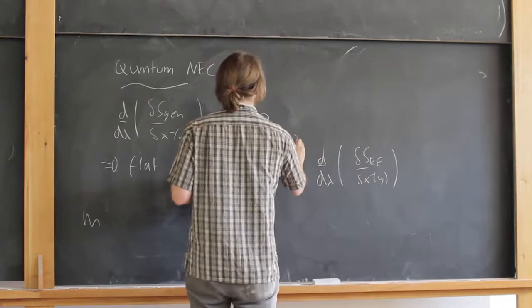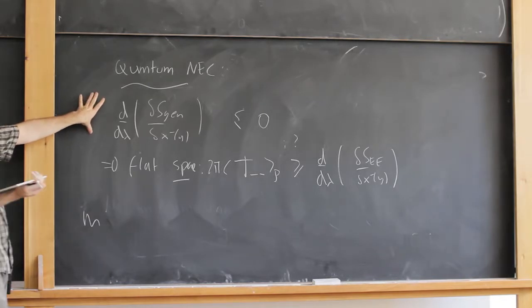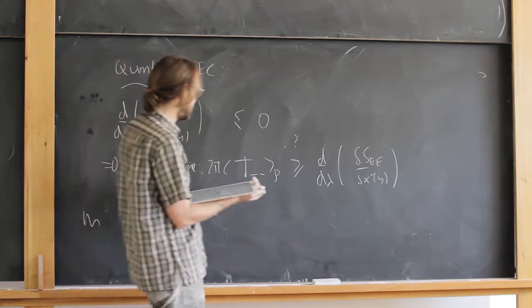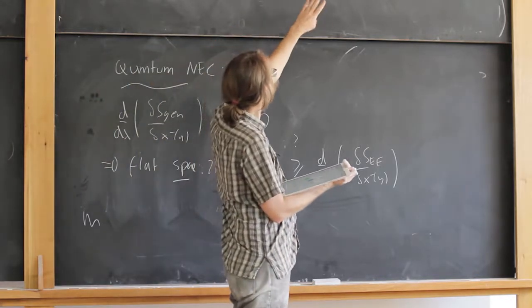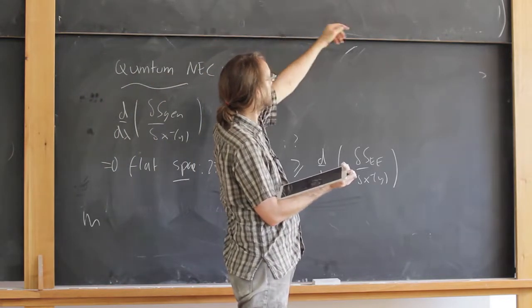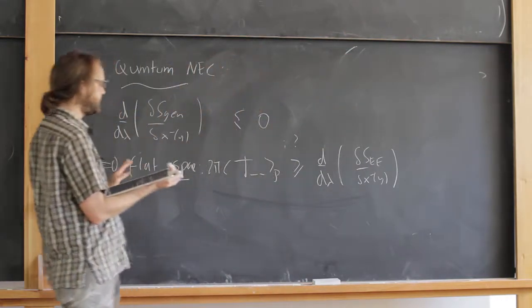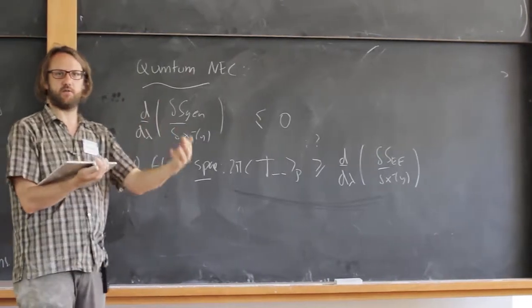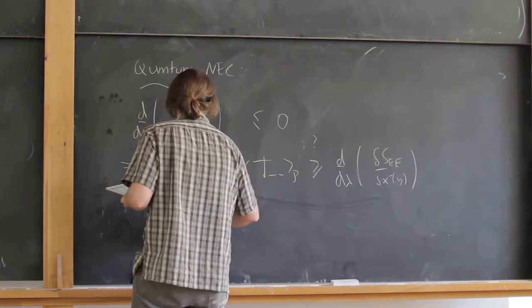And so this is a question mark. This is a conjecture based on gravitational physics, on this quantum focusing condition, and then you look at it in flat space and it becomes this statement. It's somewhat related to the previous statement, like a derivative of it where the inequality goes the other way. To prove it, just as that one comes from monotonicity of relative entropy, we seemingly need some non-trivial statement about the second shape derivative of relative entropy.